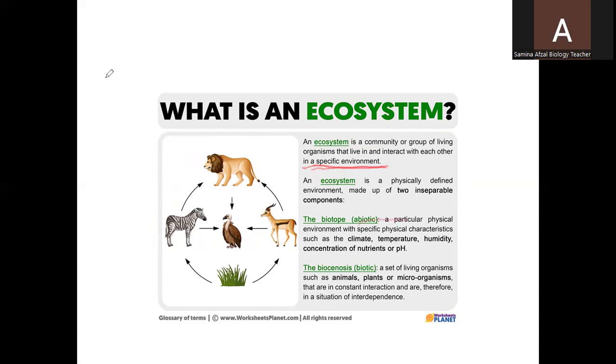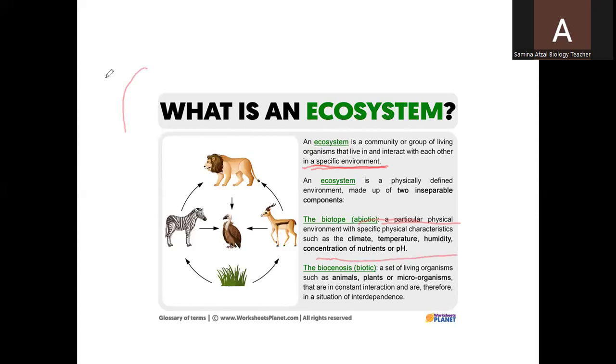Biotic components are all living organisms, whether animals or plants. The abiotic components are where there is no life. So soil, water, pH, temperature, all make up the abiotic components of the ecosystem. In this way, an ecosystem is made up of these two different types of components.